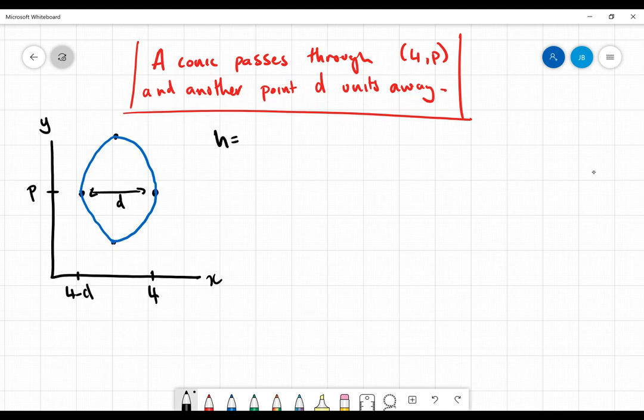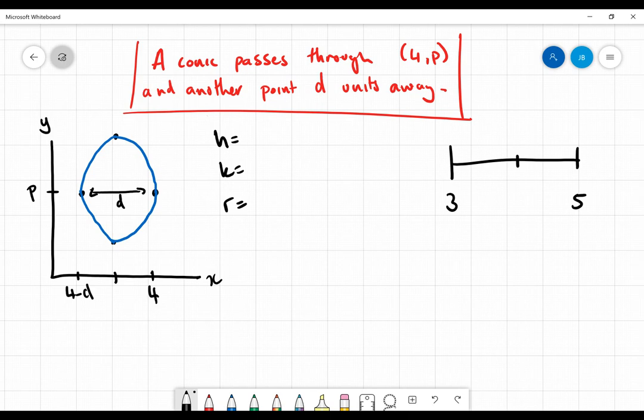So we've got H, as always, K, and R because it's a circle. So to find H, we need to know the horizontal position of our center, which is here, halfway between 4 minus D and 4. So if you think about how to find the center of that, well, let's suppose we've got a number line here, like here's, for example, 3, and that's, say, 5, and I want to find the center of 3 and 5.